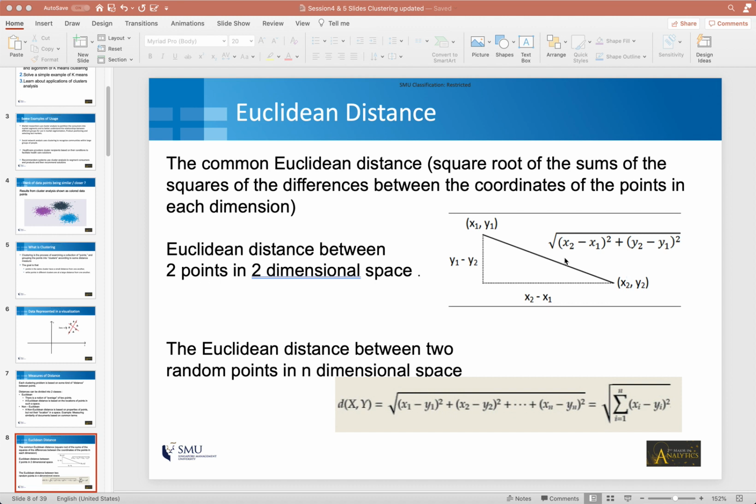Otherwise you cannot find the Euclidean distance between those observations. This is an extension of the formula to n dimensions. Instead of just looking at x1, x2, we could be looking at a much higher dimensionality, and the formula still remains the same.